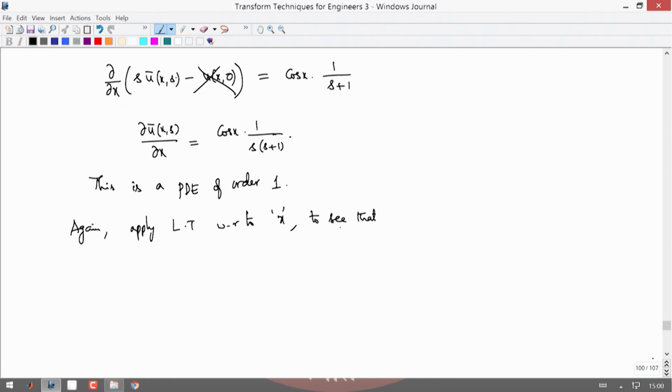Before we apply this Laplace transform, we have to invert this, so let us invert this.